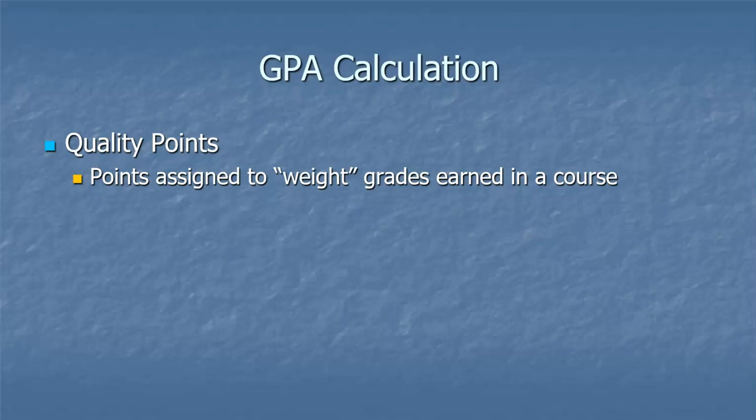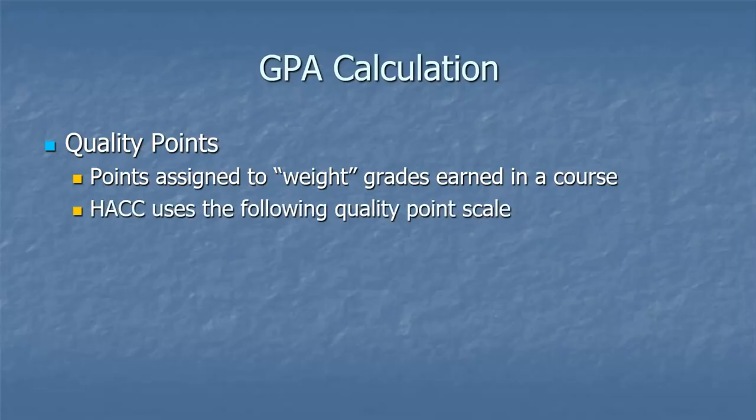So classes and grades that have more credits, or you get a better grade, count more on your GPA. HACC uses the following quality point scale. An A is worth 4, a B is worth 3, C is worth 2, D is worth 1, and of course an F is worth 0.